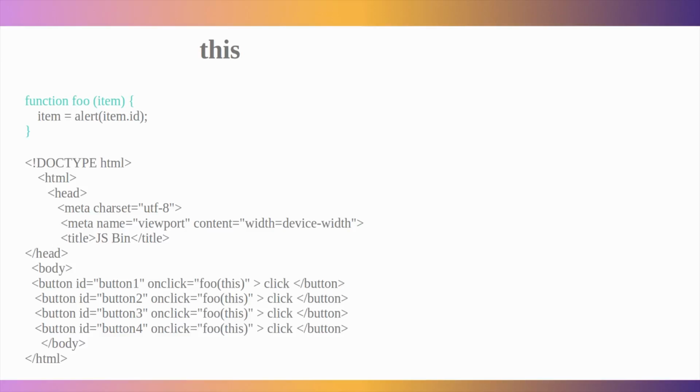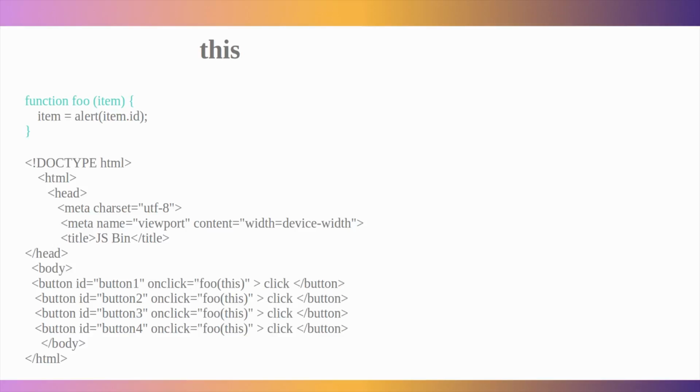Well, in this case, look at the 4 buttons with the IDs of button 1, button 2, button 3, and button 4. And each one of these has an onClick attribute whose value is the function foo that takes the keyword this as an argument. And this refers to the particular button being clicked out of all these buttons here.